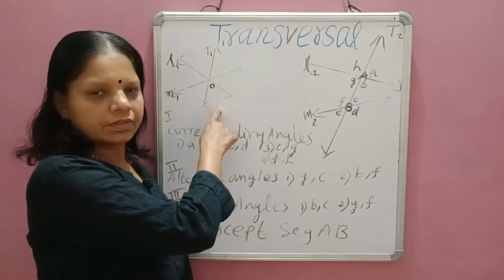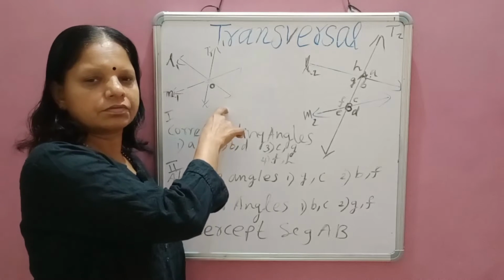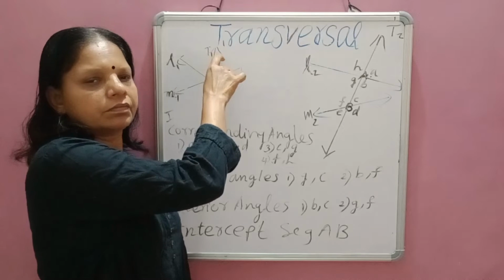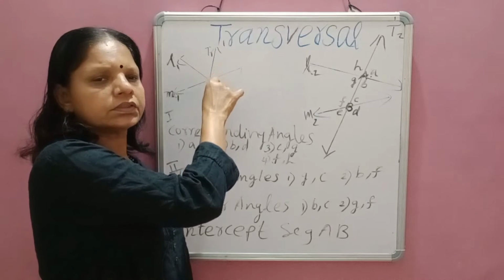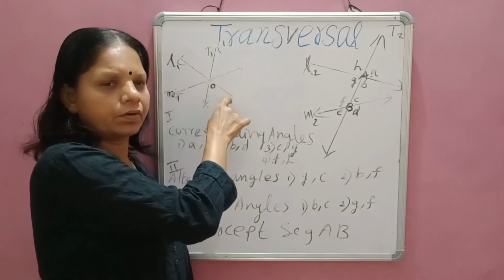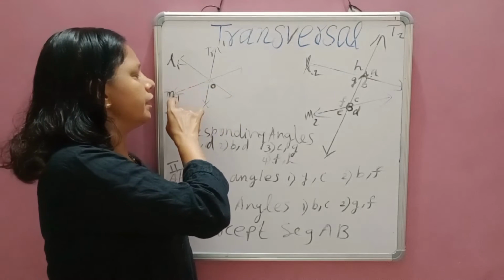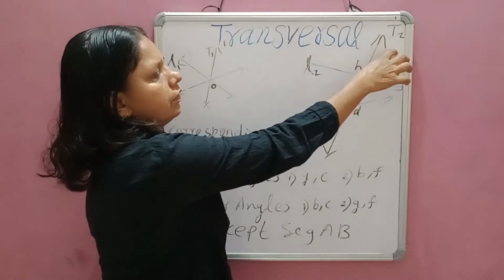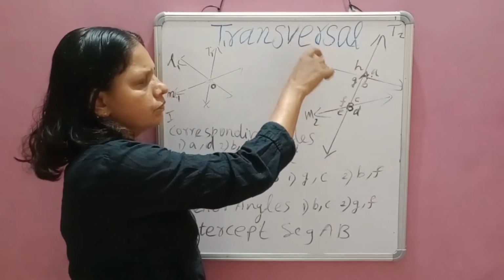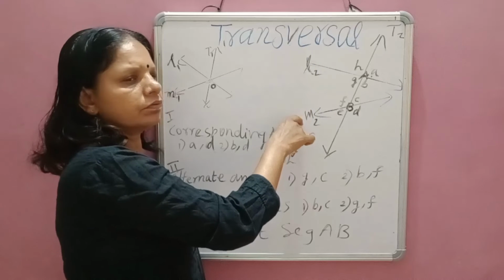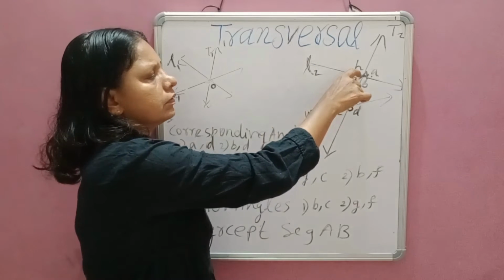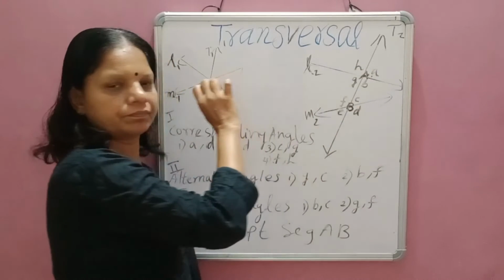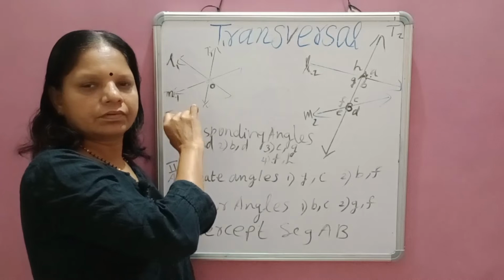Here it can be seen that in the first figure, the third line T1 passes through the same point, the common point of L1 and M1. In the second figure, the line T2 passes through L2 and M2 through different points, that is A and B. Clear?